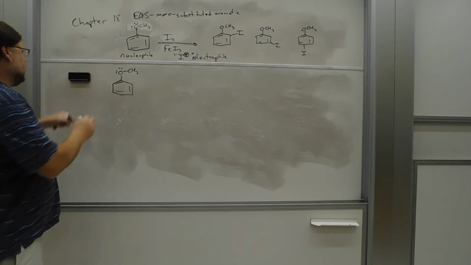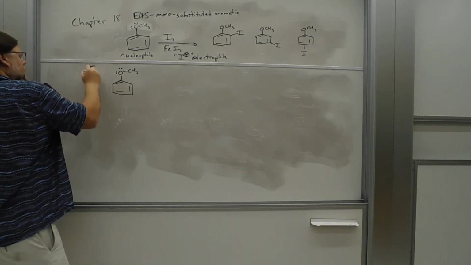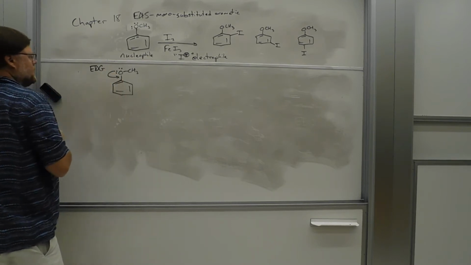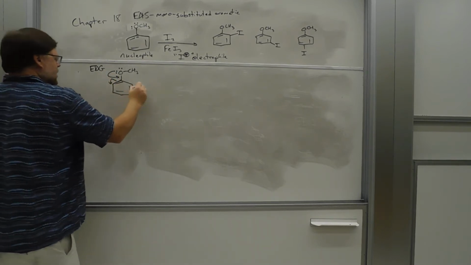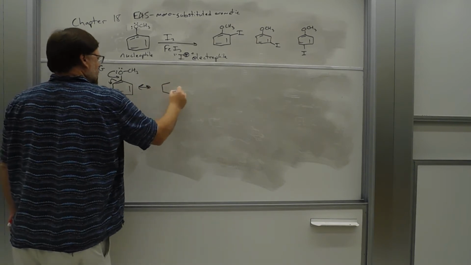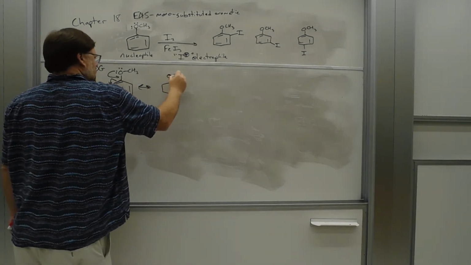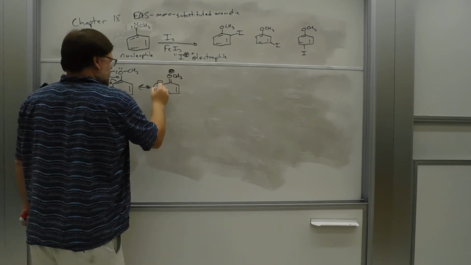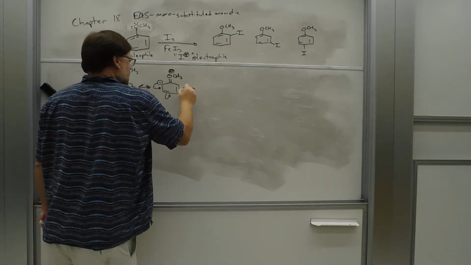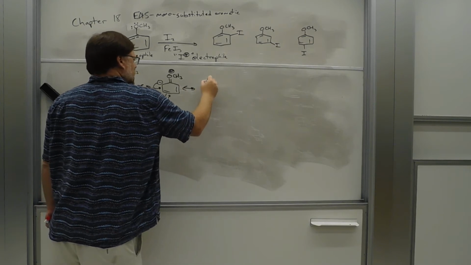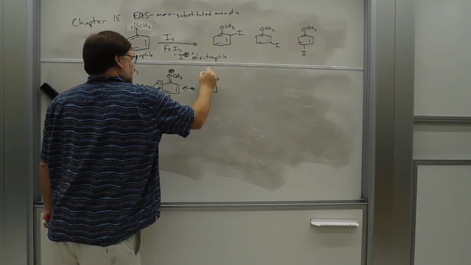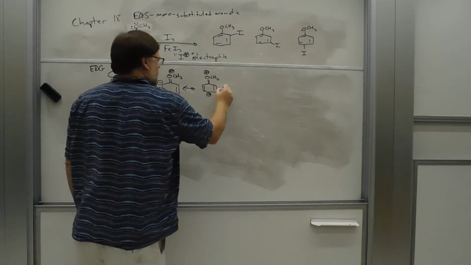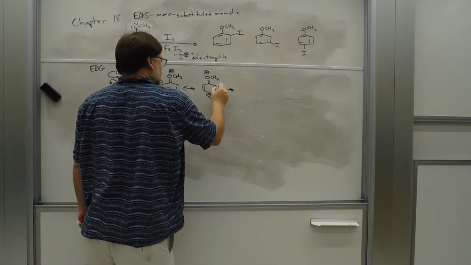This is going to be an electron donor, so it's pushing electrons in. So we get this resonance structure. We can push these around to there, and then we can push these around to there.